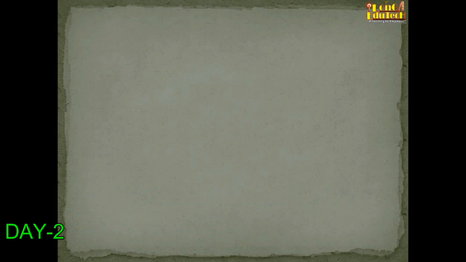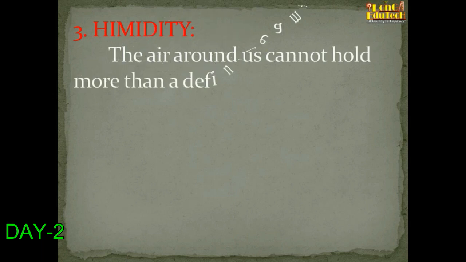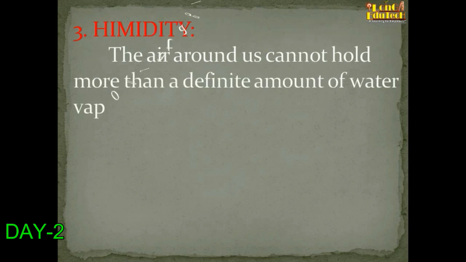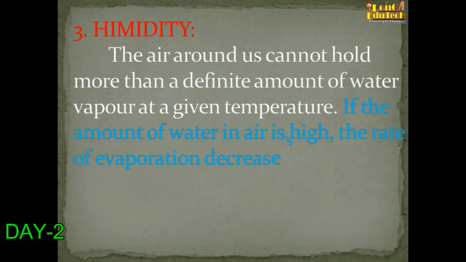We'll go to the third point, that is humidity. The air around us cannot hold more than a definite amount of water vapor at a given temperature. If the amount of water in the air is high, the rate of evaporation decreases. During the winter time, as you see, the fogs and all are also water vapor only.